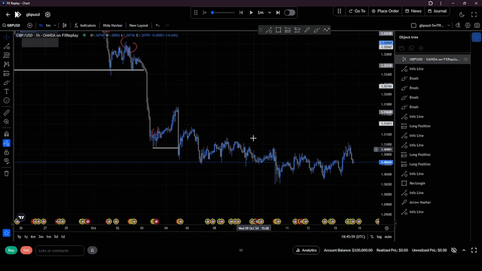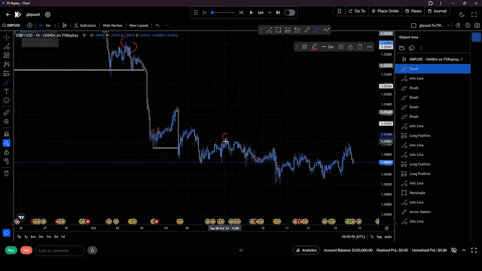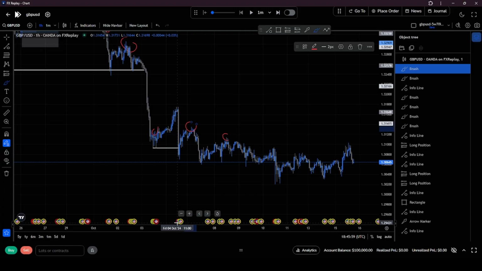As you can see, we haven't created any valid pullback until here and then here. So that's when we created a valid pullback.